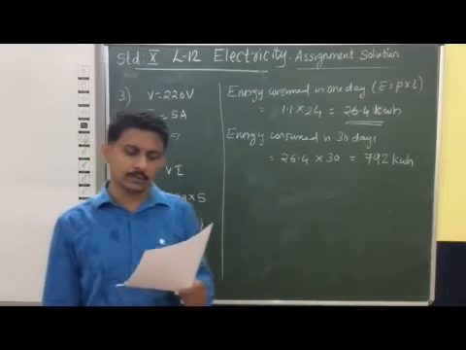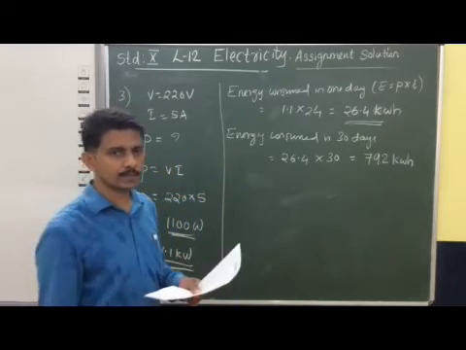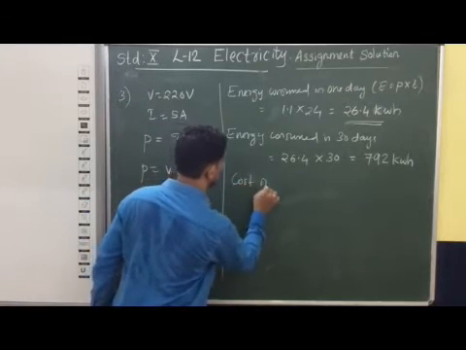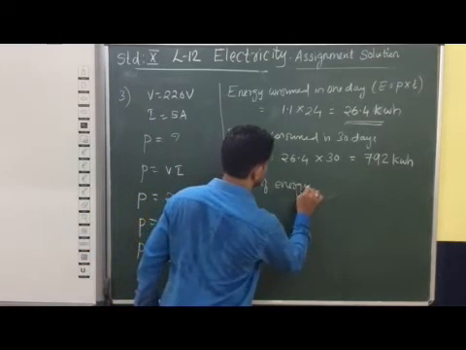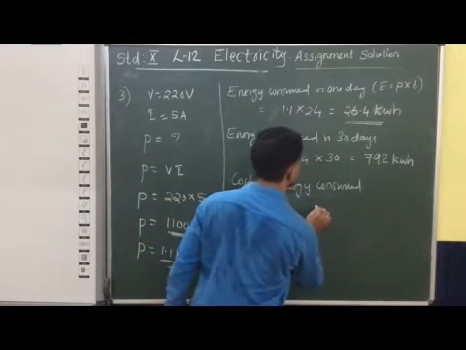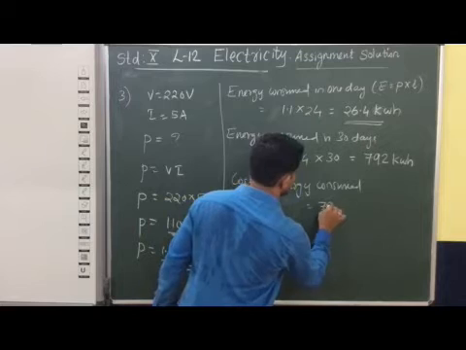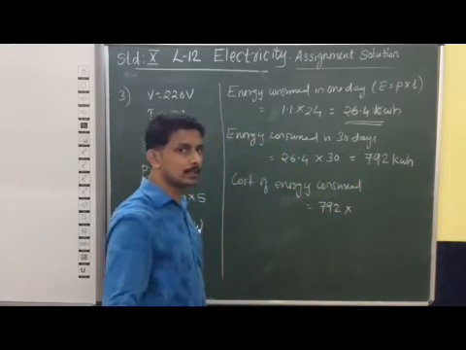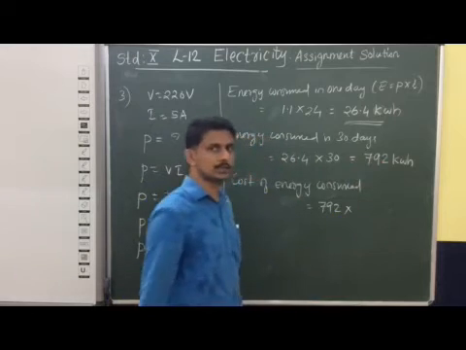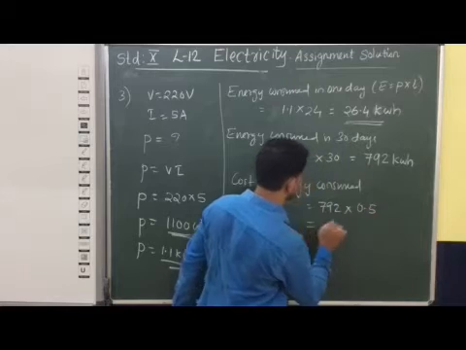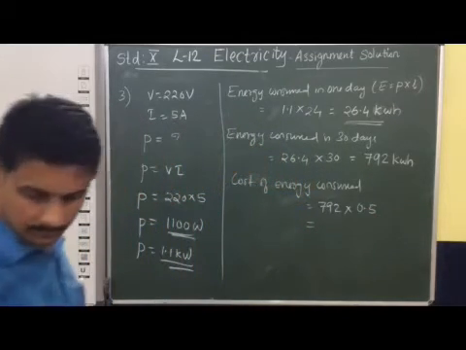And if 1 kilowatt hour of energy costs 50 paise, what is the cost of the energy consumed? So the cost of energy consumed is 792 times the cost per kilowatt hour, which is 50 paise, that means 0.5.